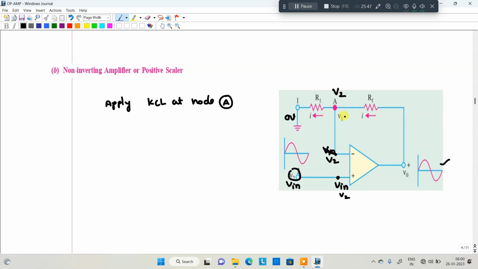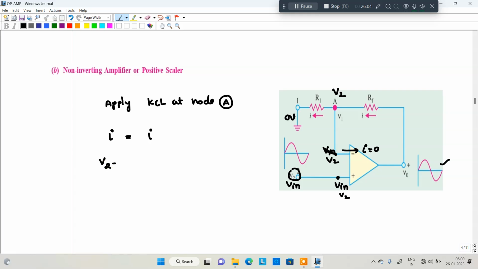Apply KCL at node A. What is the incoming current? I. The current flowing here is 0, in the ideal case. So the incoming current I is equal to the outgoing current, which is also I, because both currents are the same. Now this particular current is flowing from V2 to 0 volt.